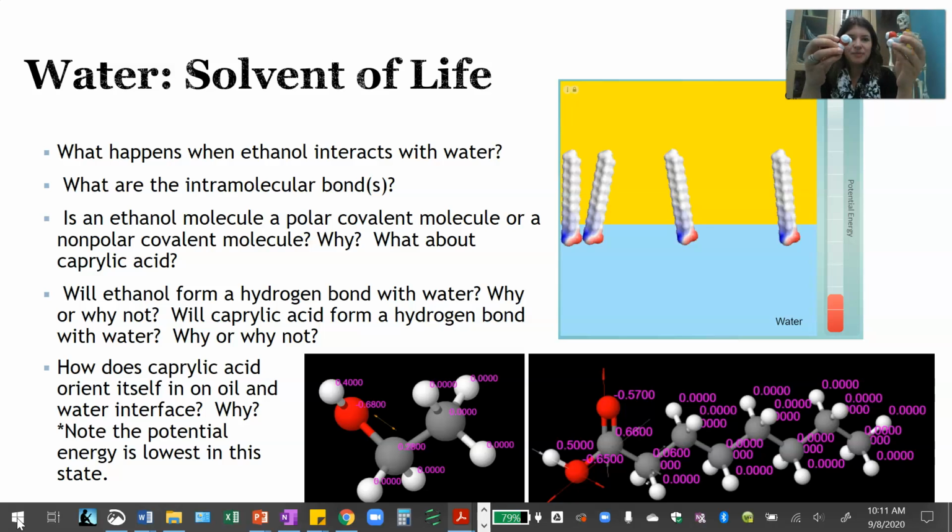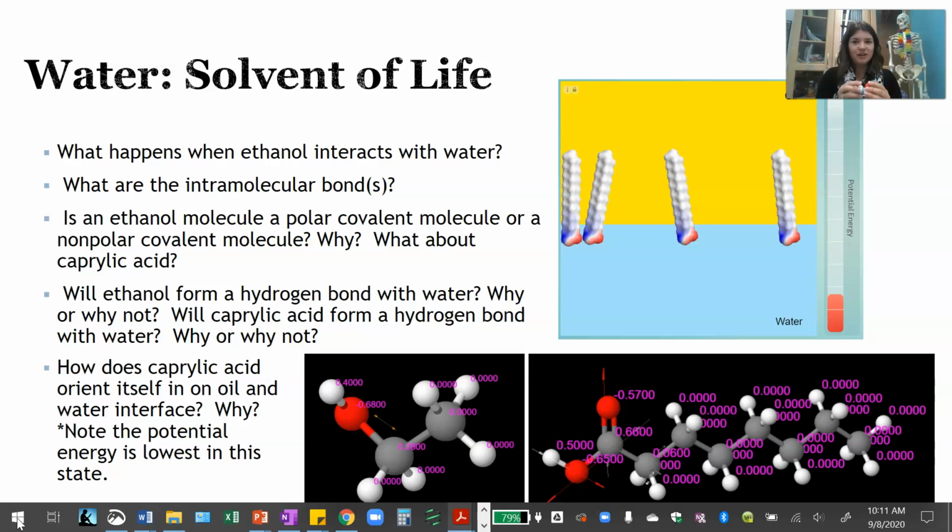If you put these together, you can see that the partial positive of a water molecule is attracted to that partial negative of the oxygen. Okay, and the partial positive of the hydrogen on the alcohol group is attracted to the oxygen of water, because it's partial negative. If you try to interact this side of the molecule, nothing happens.